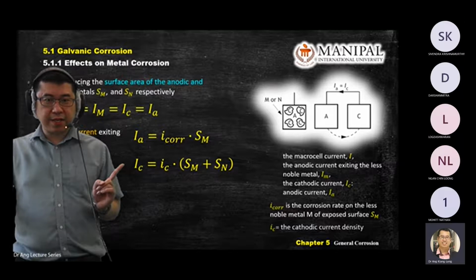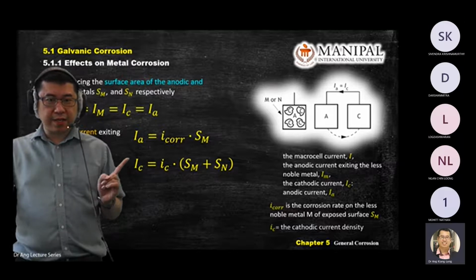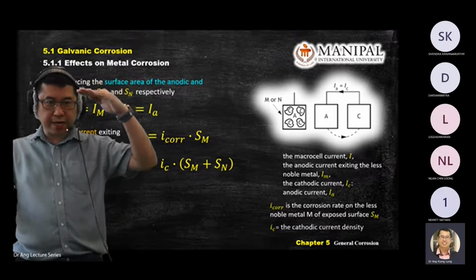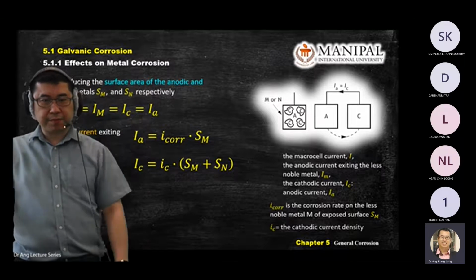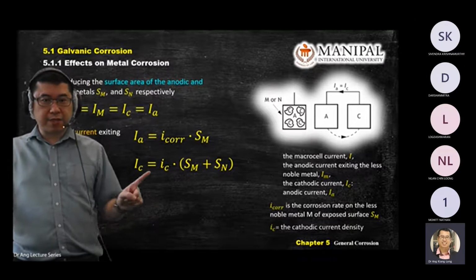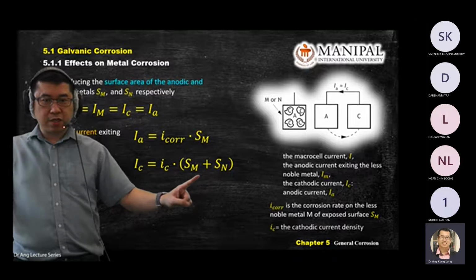You get the current at the cathode that flows at the higher noble metal. The cathode area is a combination of the two surfaces here.